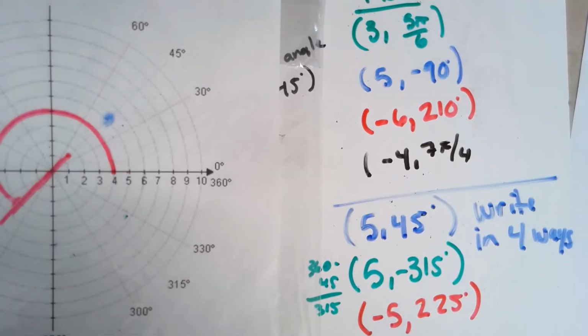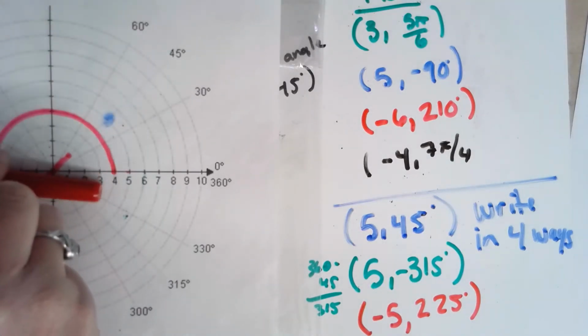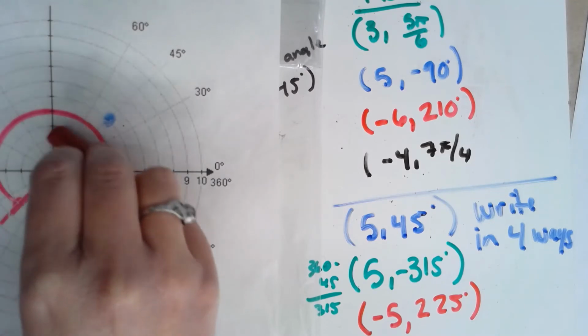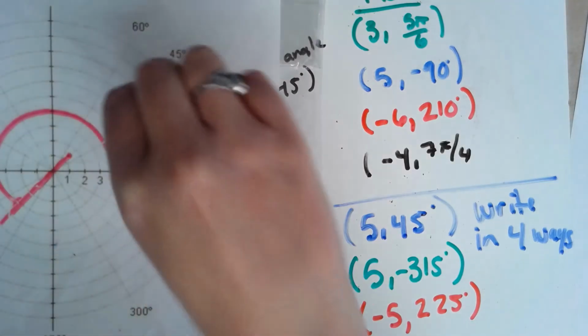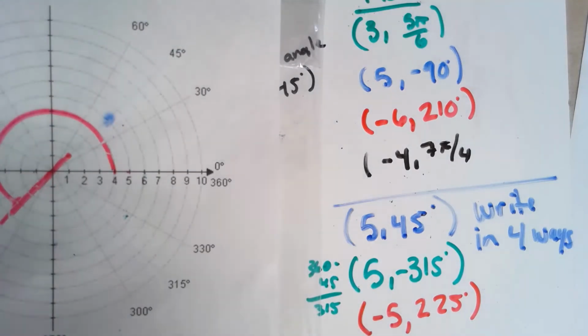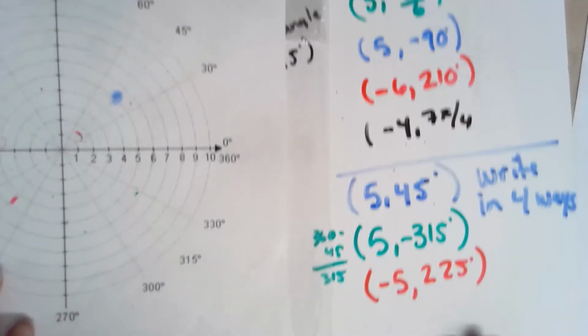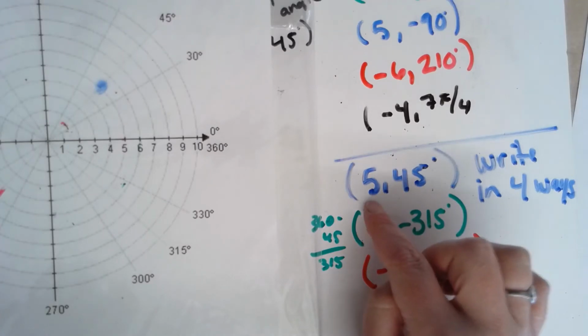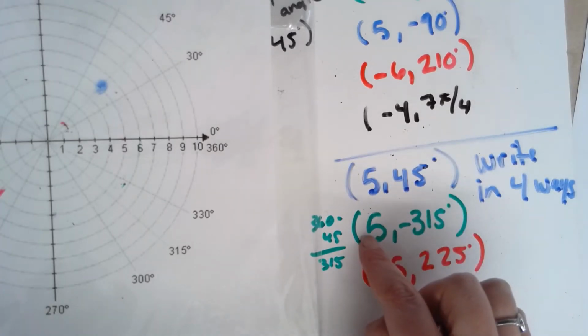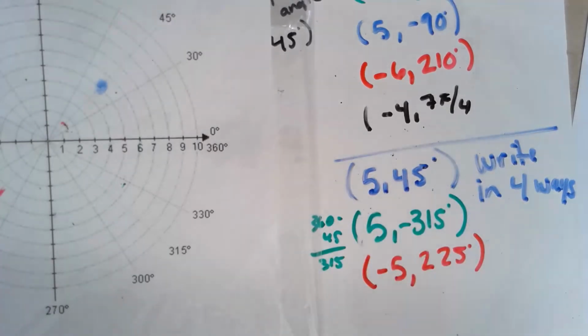So I turn positive 225 degrees, and then back 5. I will land on my original blue dot. Okay, so we've got a positive radius, positive angle, positive radius, negative angle.